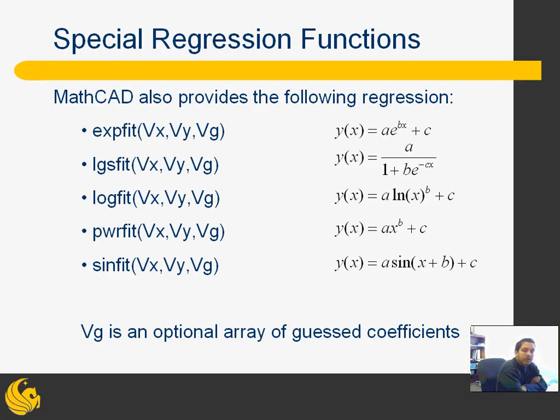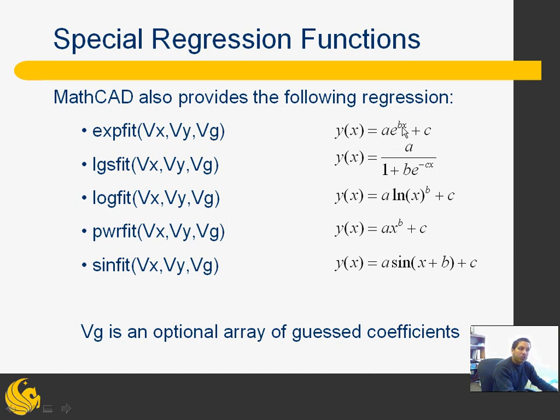There are all kinds of different regressions. These are nonlinear regressions because we're going to be finding coefficients that are not linearly related to basis functions. There's an exponential fit, which is the one we're going to try. In an exponential fit, you give the vector that corresponds to the x-axis, this is the time, the vector that corresponds to the y-axis, this is the temperature, and some guess values of the coefficients.